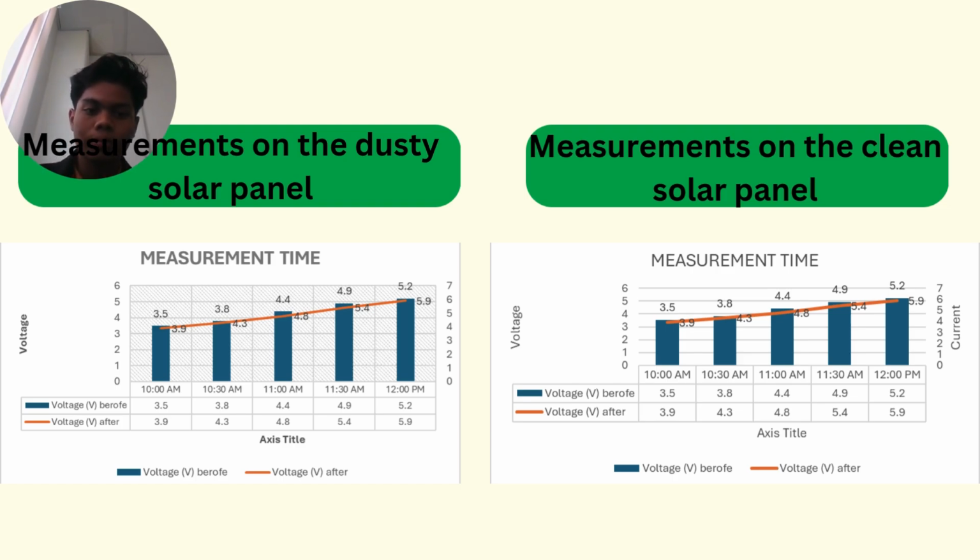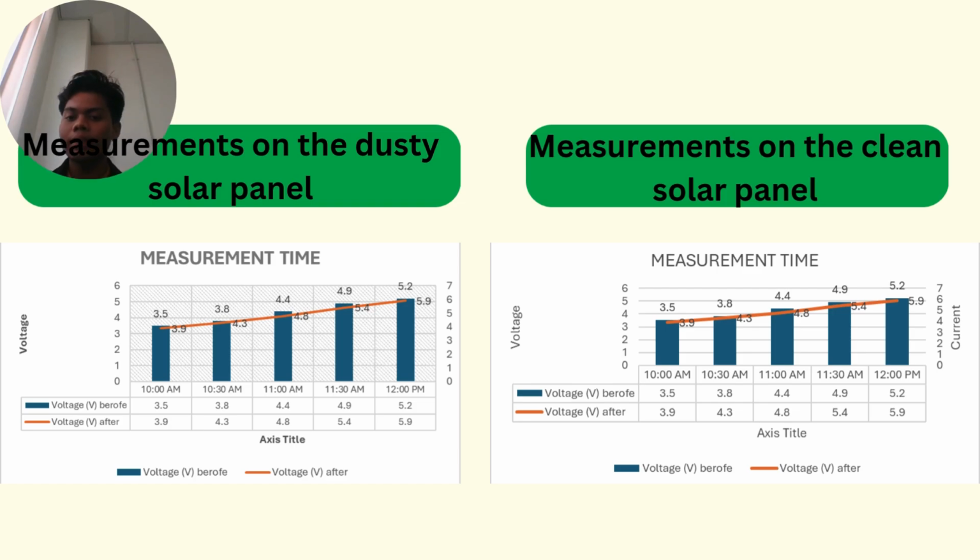The first curve represents the energy produced by an unwashed solar panel recorded between 10 a.m. until 12 p.m. The second graph recorded during the same time frame represents the energy produced after the solar panel has been cleaned.